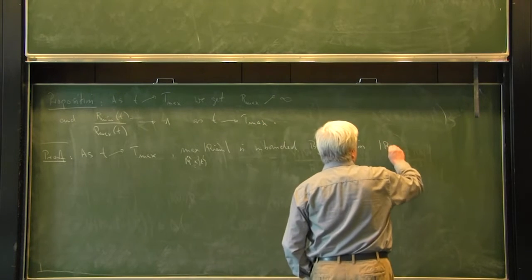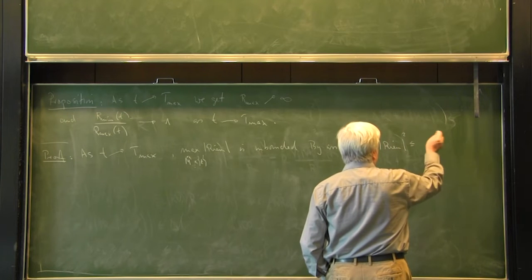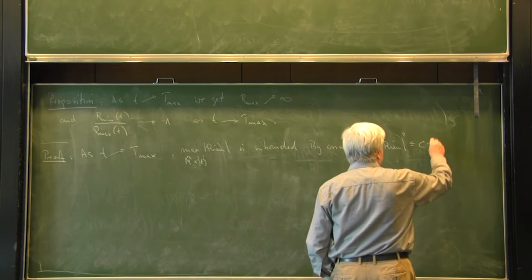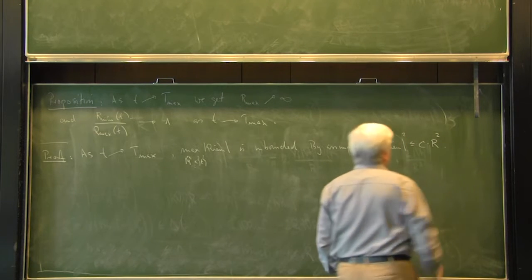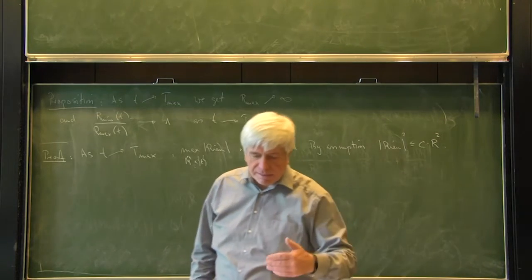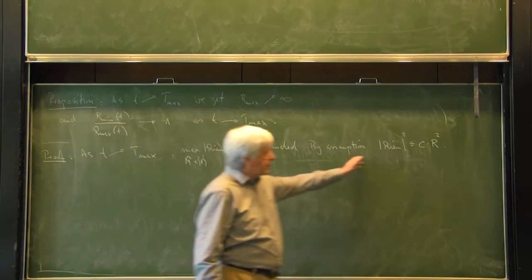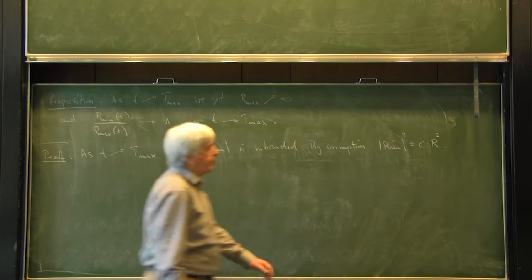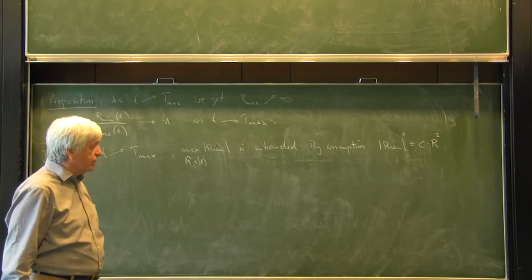Now, by assumption, we get that the Riemann tensor, the whole Riemann tensor, is bounded by a constant times the scalar curvature squared. In fact, the trace-free parts, Weyl tensor and traceless Ricci, are by assumption bounded by an even smaller power of R, but certainly it's bounded by the scalar curvature.